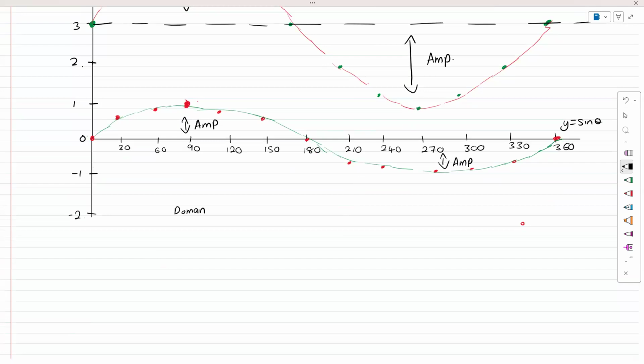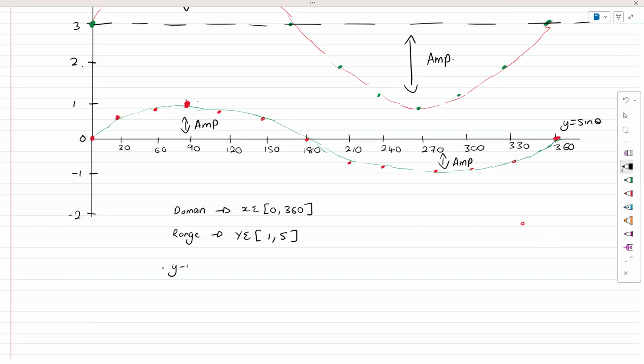The domain is x is an element of real numbers, or x is an element of every number from 0 to 360, because domain is all the x values. The range is y is an element, starting at 1, ending at 5, because the lowest is 1, the biggest is 5.